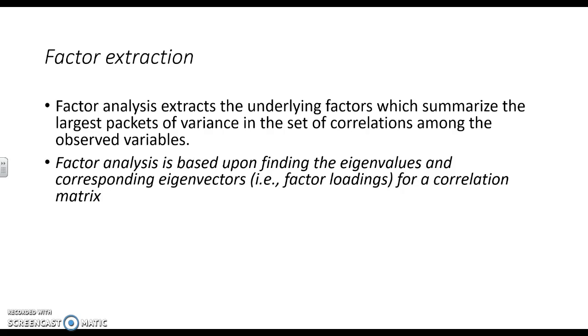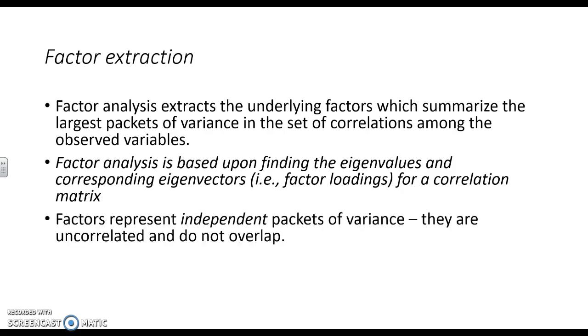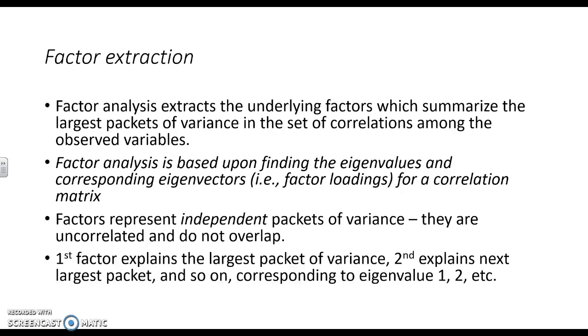Eigenvalues that are above a 1.0 are considered a pocket of variance that we are going to retain. We're going to keep it, and we'll see later if it's real or not. But we're going to say that that's enough for us to think that it's a real factor. And then these factor loadings, we want to be above a 0.4. And the factors are representing independent packets of variance. They're not correlated and they do not overlap, or should not overlap.